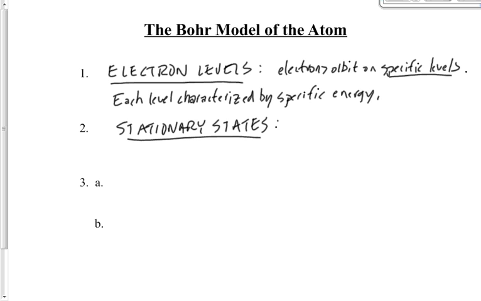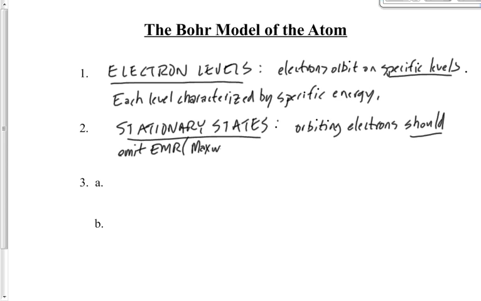But they don't. I'm going to put in brackets here: they should emit EMR. I want to put Maxwell, accelerating charges, just to remind you why they should emit EMR.